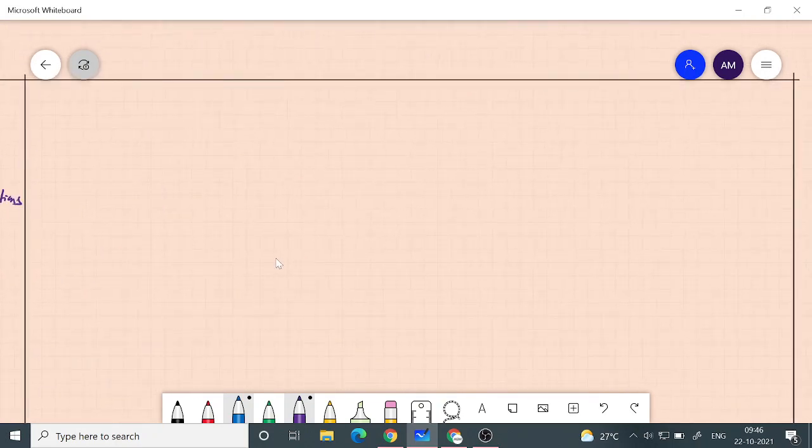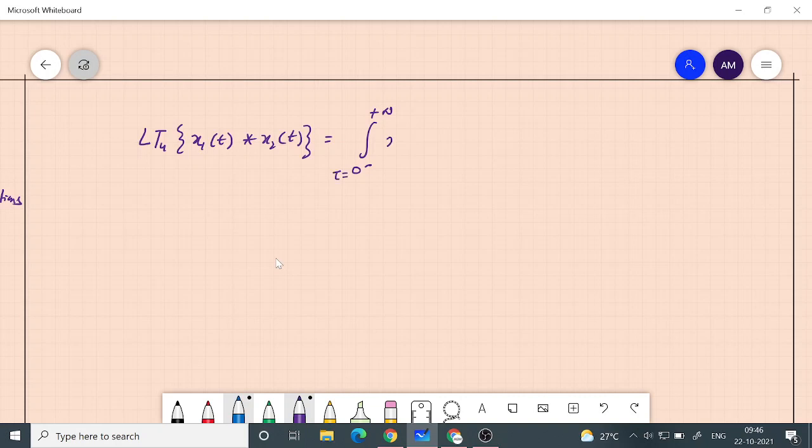All right, so what is this equal to? We are looking at the unilateral Laplace transform of x1 of t convolution x2 of t. That's what we are doing, and what we got is the integral from 0 minus to plus infinity. The integration that we are left to do is the tau integration. We have x1 of tau into e raised to minus s tau, and then the bracket, which is x2 of s, d tau.